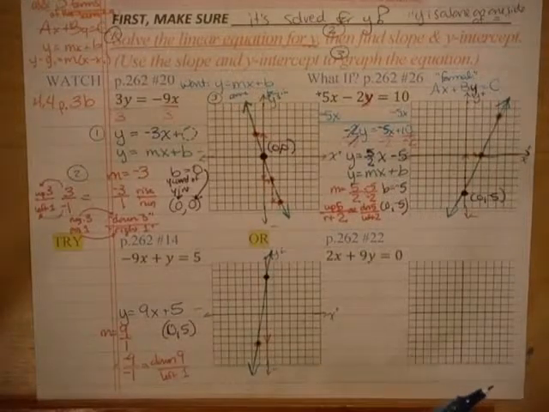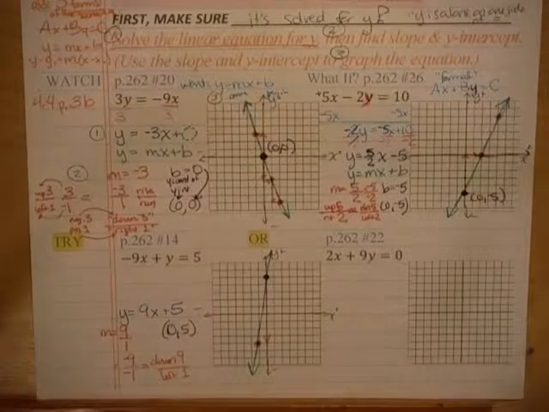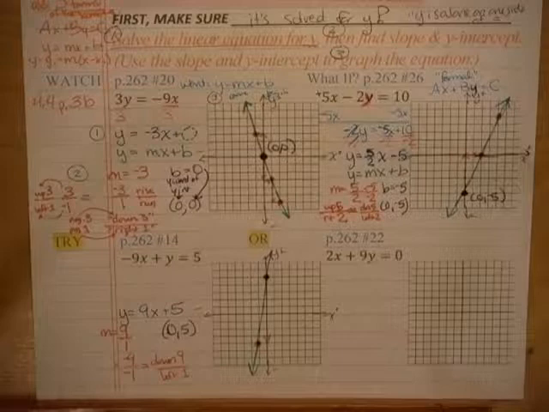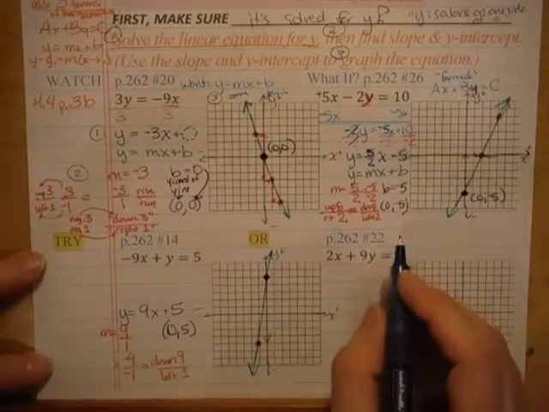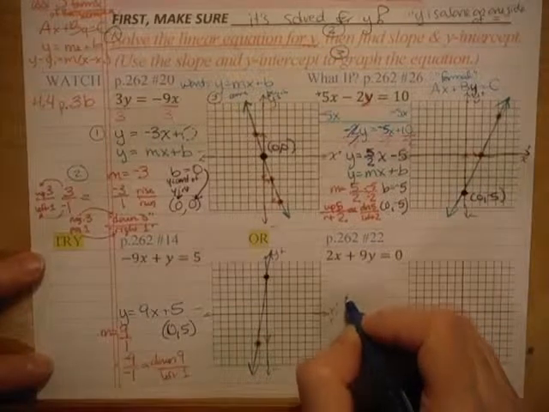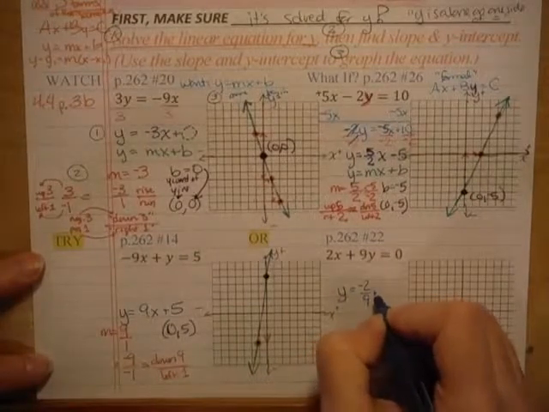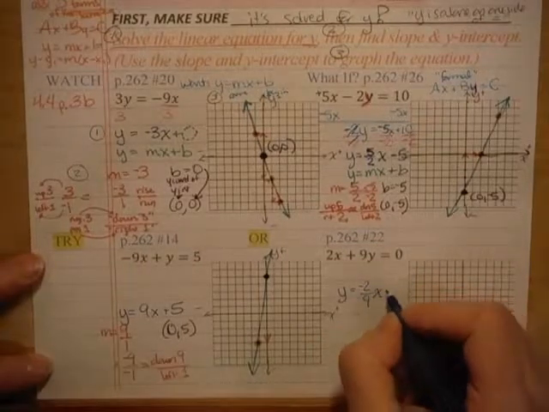If you haven't tried this one, pause again, or if you want to try another one now that you've seen the first one done, hit pause, come back for the graph, the equation, and the slope and the intercept. Okay, when you solve this one, you should end up with y equals negative 2/9 times x plus 0.